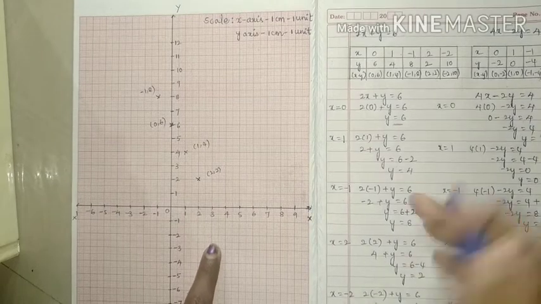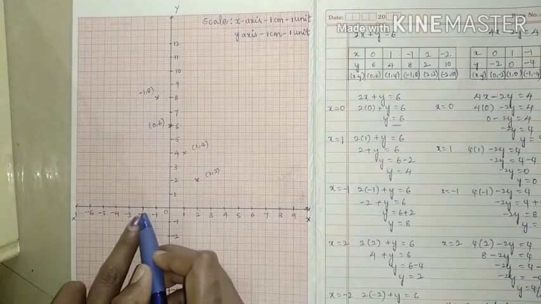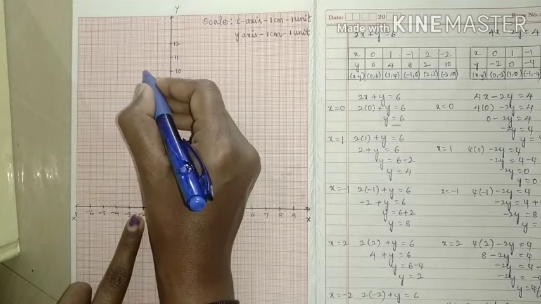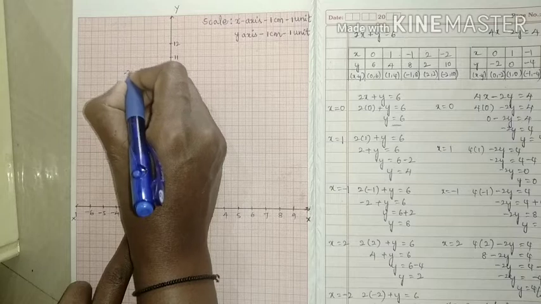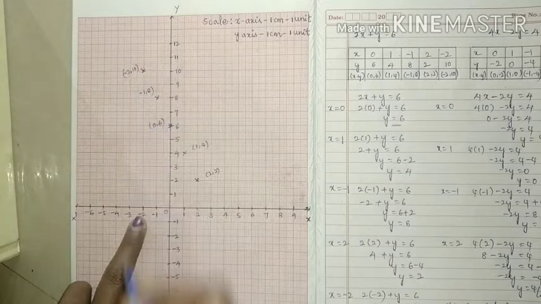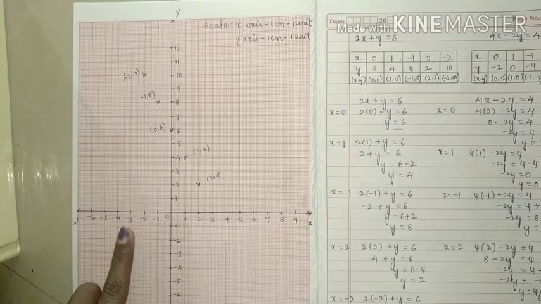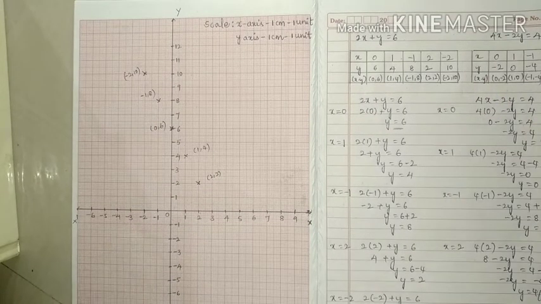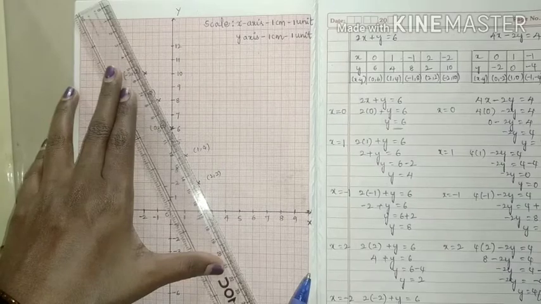So the next point is minus 2 comma 10. So minus 2 is here and 10 is here. That is minus 2 comma 10. So we have marked all the 5 points here. Now after marking the points, we will join the points.